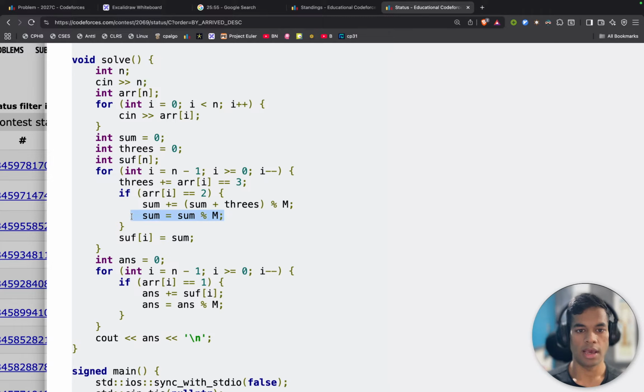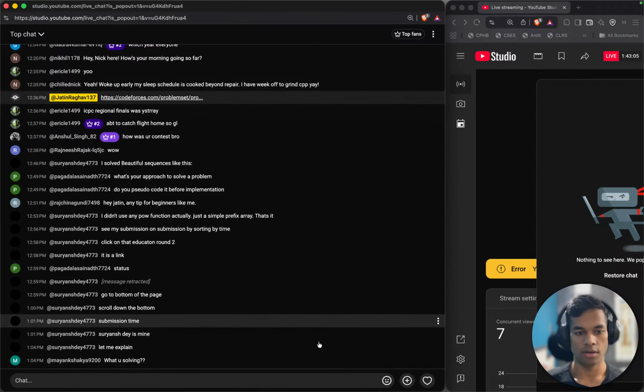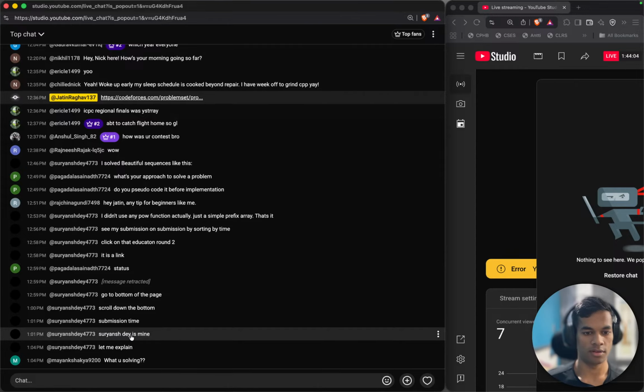Makes sense, and that is the suffix. For each i, suffix[i] would be the number of ways that you can choose any 2 which appears to the right with this current one, and that is crazy.